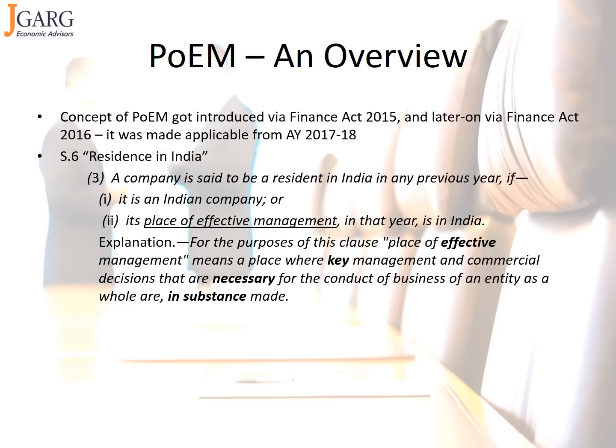And what we need to see is not place of permanent establishment, not place of management, rather place of effective management. That is, the management should be effective, not every management, and in substance made.